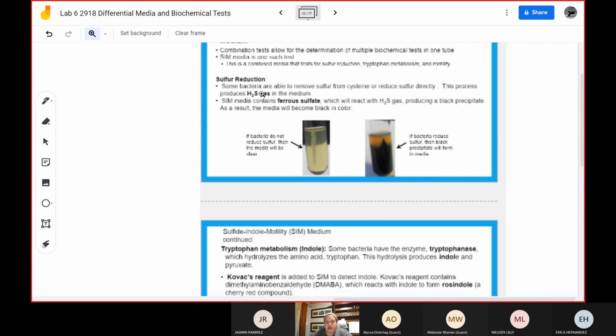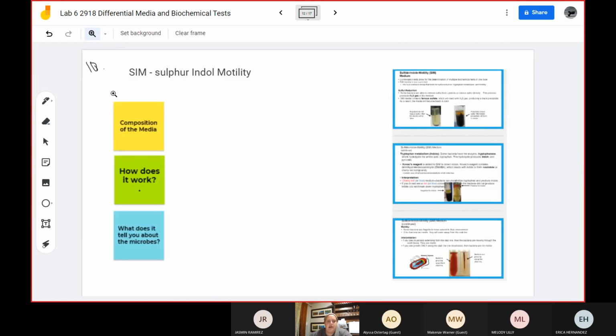So the reduction of sulfur produces a gas, H2S, hydrogen sulfide. And H2S will interact with ferrous sulfate, which is, again, that iron substance in the media that will turn a black color.